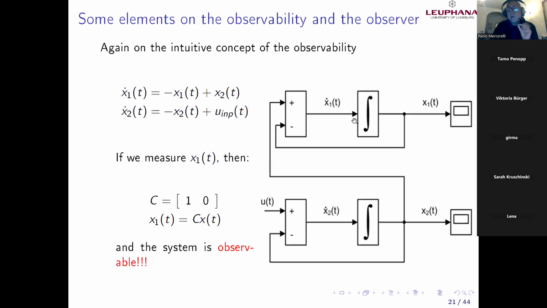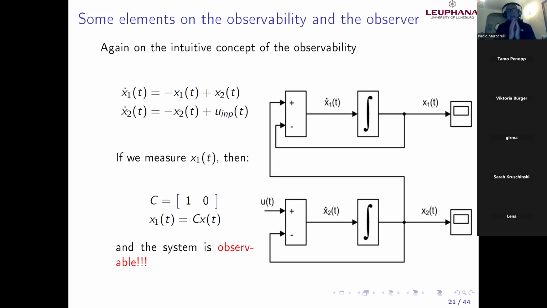We have seen that also in this case here, which is structurally not fully observable, if I measure the variable x1, it is observable. Or better to say observable, because in this definition fully means independently of what I measure. We have to be careful which kind of definition we consider. But anyway, intuitively we can understand.